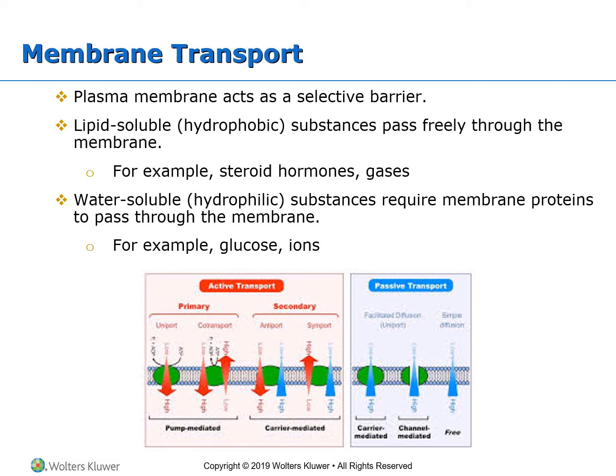So I was telling you that one of the functions of the plasma membrane is the transportation that can happen across the plasma membrane. Probably the main role of the plasma membrane is to serve as a barrier between the cell and the outside environment.